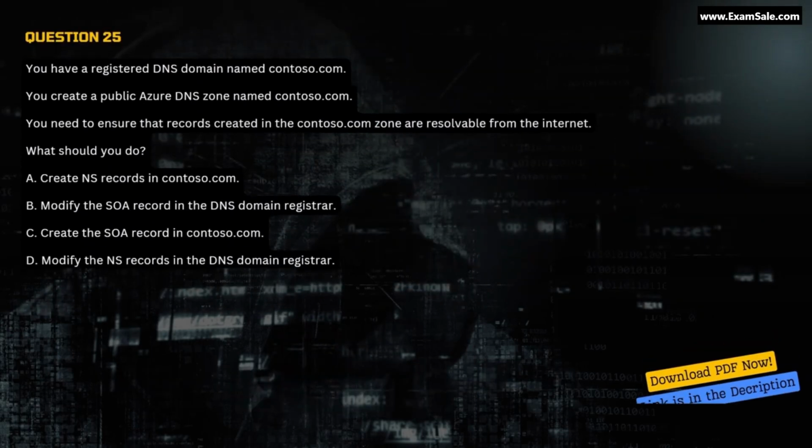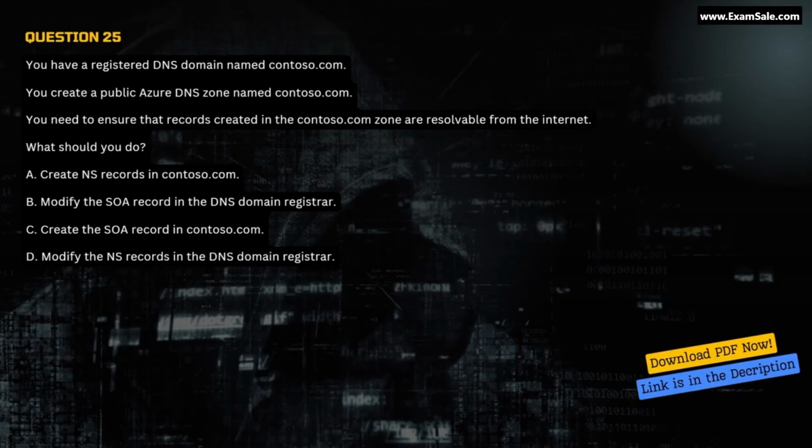Question 25. You have a registered DNS domain named contoso.com. You create a public Azure DNS zone named contoso.com. You need to ensure that records created in the contoso.com zone are resolvable from the Internet. What should you do? A. Create NS records in contoso.com. B. Modify the SOA record in the DNS domain registrar.